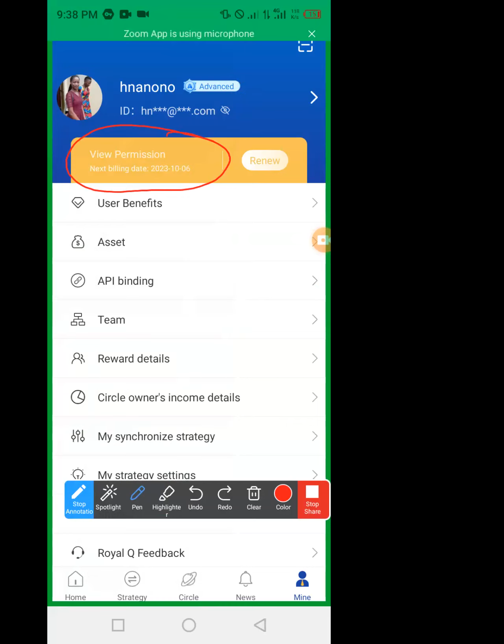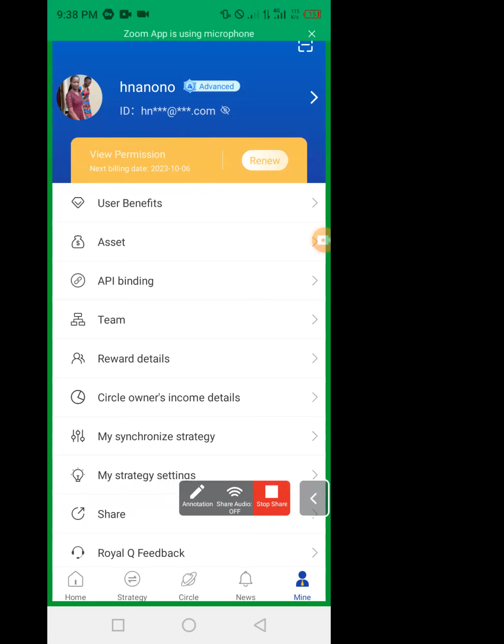No, it will be my third time because I'll be starting my third year. The first time I paid to activate was 2021. In 2022, I paid to renew. So in 2023, I'll be paying to renew as I enter the third year.